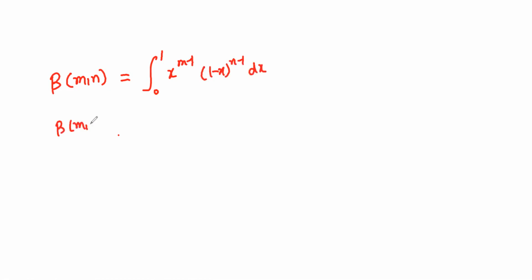We have written beta mn is equal to the integral from 0 to 1 of x raised to m minus 1, 1 minus x raised to n minus 1 dx, and beta mn we also wrote as the integral from 0 to pi by 2 of 2 sine to the power 2m minus 1 theta cos to the power 2n minus 1 theta d theta.